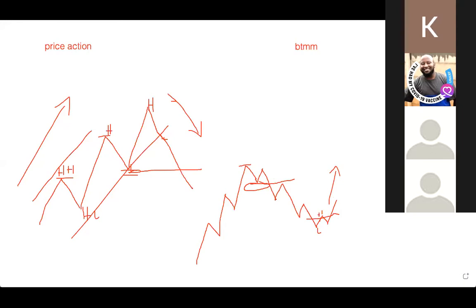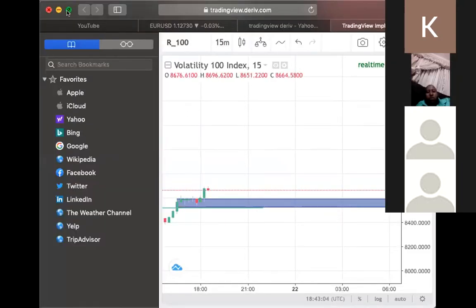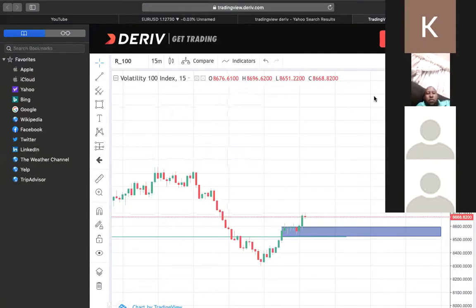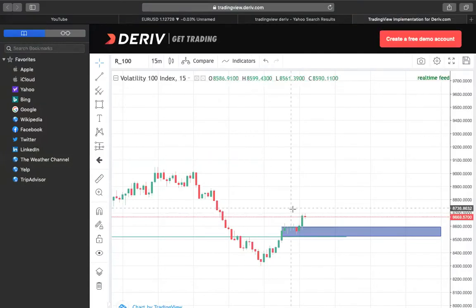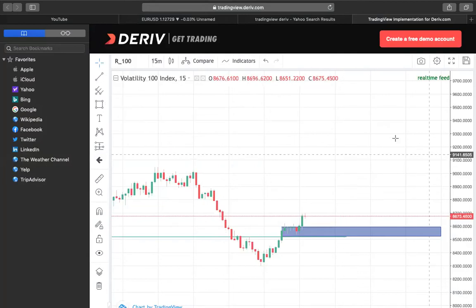Okay, to make things a bit easier, we can look from our charts here. So I'll share my screen here. I was doing some analysis for V100, but well, I can still continue to make a presentation using this chart.